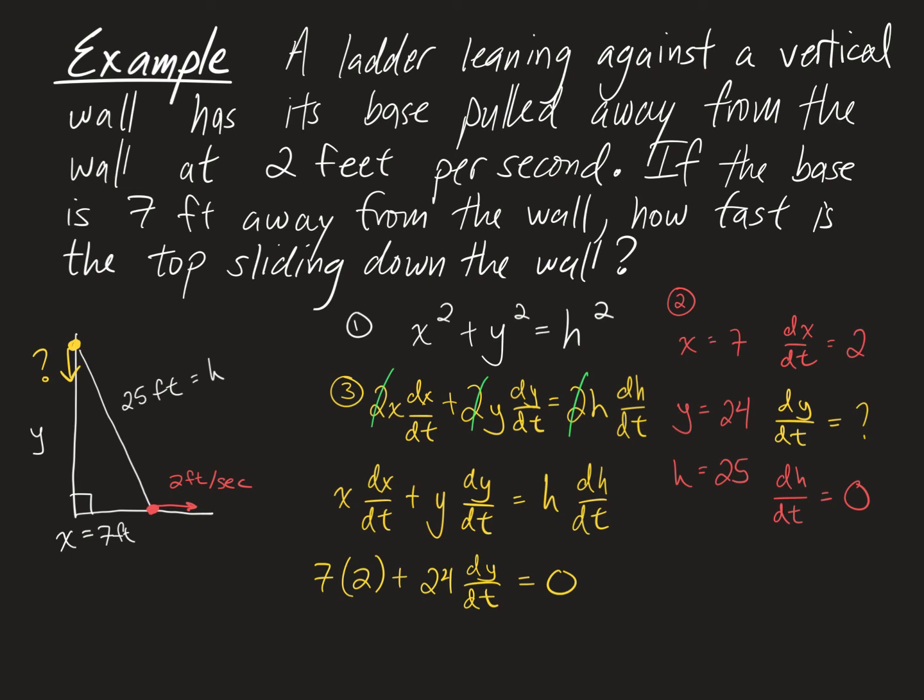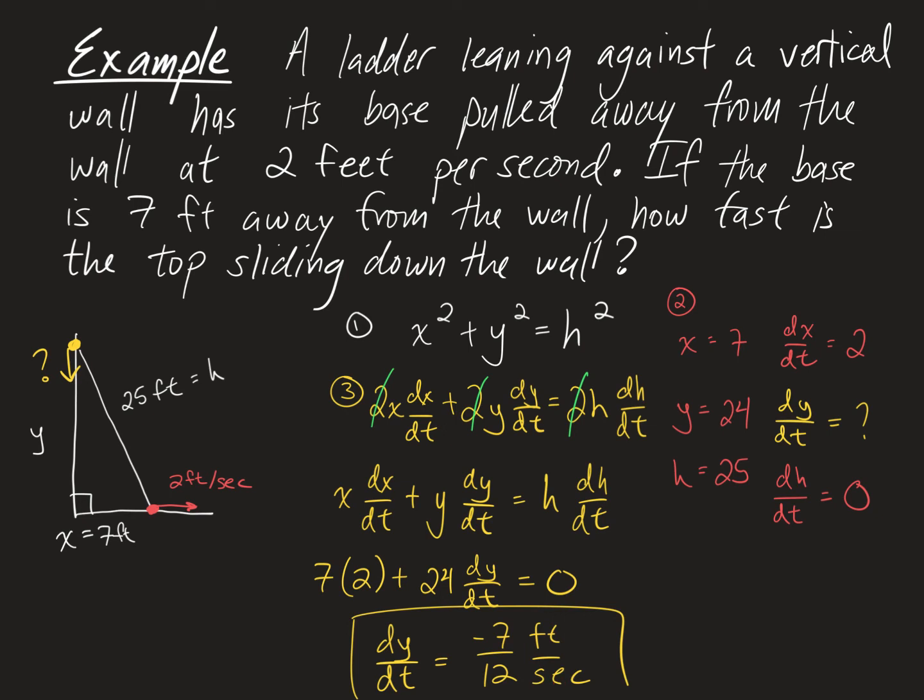Like this, and I'm running out of space, but if you multiply this out to get 14, subtract it from both sides, and then divide by 24, and of course simplify negative 14 over 24, you'll get negative 7 over 12 feet per second.